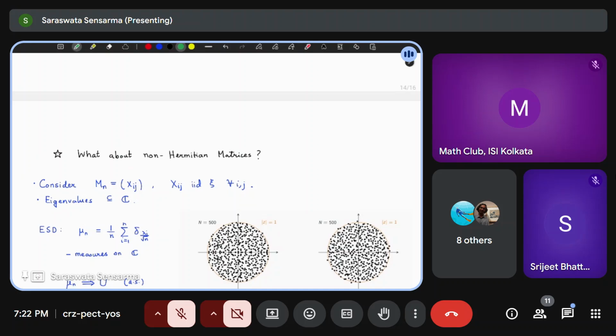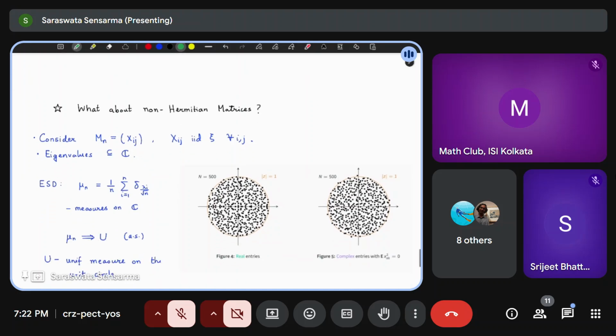Just like before, we had eigenvalues distributing on the real line in a semicircular distribution. Here again it has a limiting distribution, and the limiting distribution is uniform on the unit disk, in the complex plane. This is just mod z less than or equal to 1. On this set, the eigenvalues eventually distribute out uniformly.